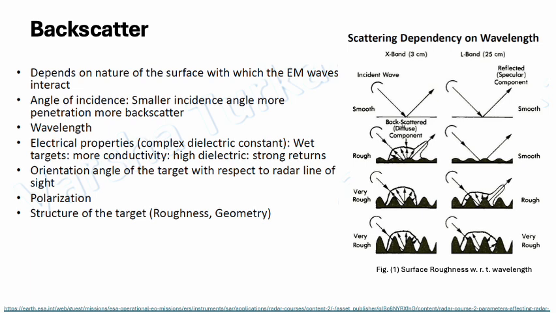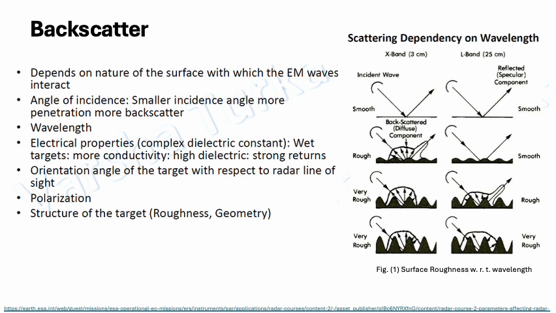Next, the orientation angle of the target. The orientation angle of the target with respect to the radar flight path also affects the backscatter. For different polarization combinations, the backscatter will vary for each target. The physical geometry of the target will also affect the backscatter.